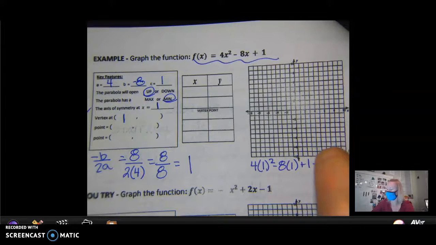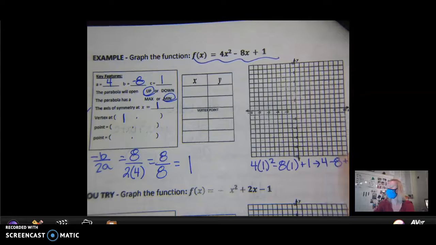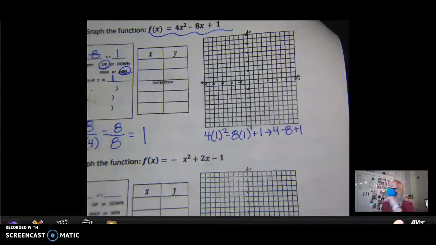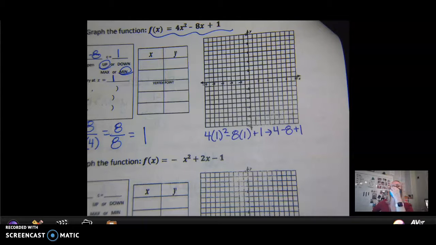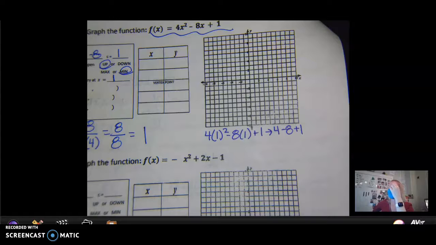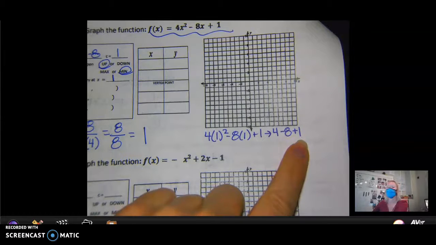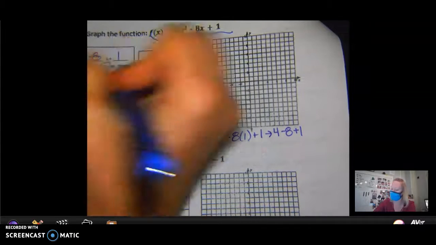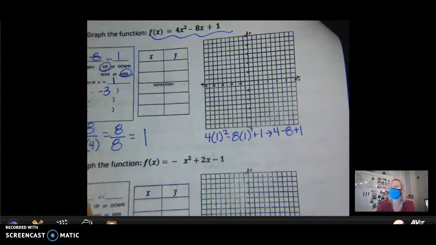Yep, so we're going to do 4 minus 8 plus 1. What's 4 minus 8? Then add 1. 4 minus 8 is how much? -4, and then -4 plus 1 is -3. So my vertex is at 1, -3.